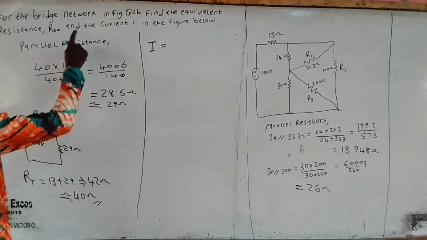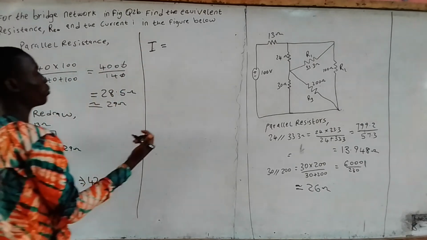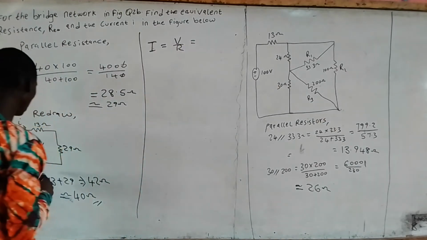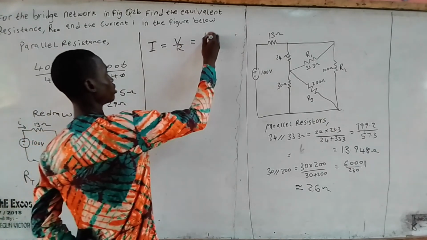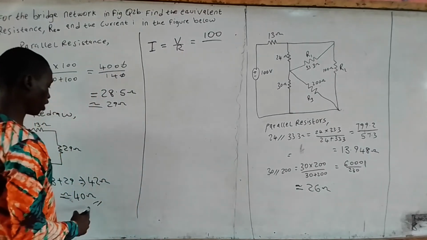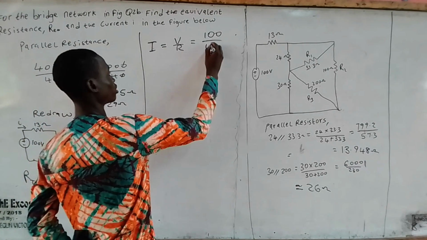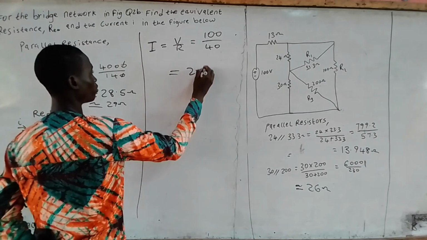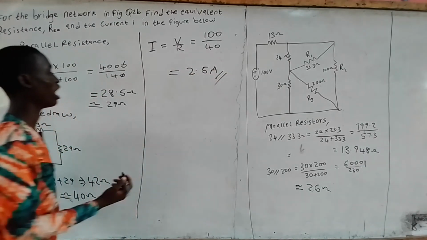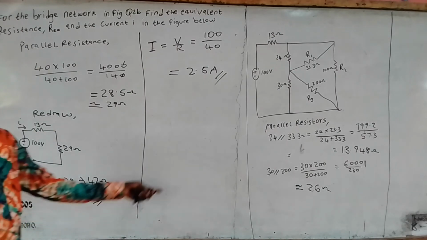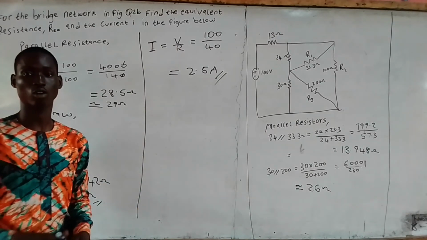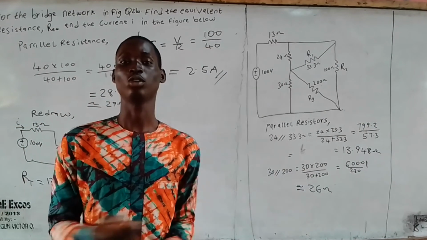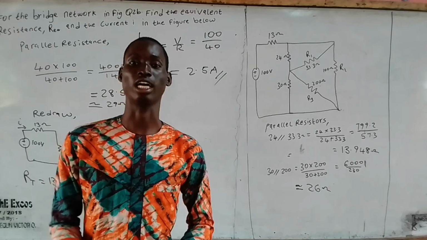So from Ohm's law, I is equal to V over R. Our voltage here is 100. So 100 divided by the total resistance, which is 40, is going to give us 2.5 amps. I will make use of star to delta conversion to solve this, and that is all using series and resistance circuits.